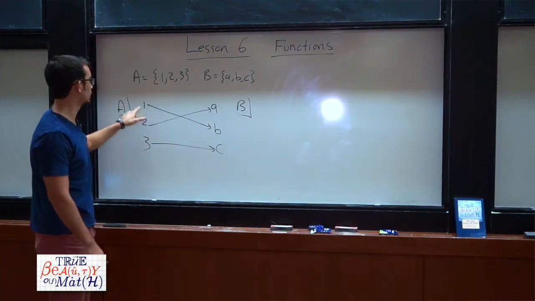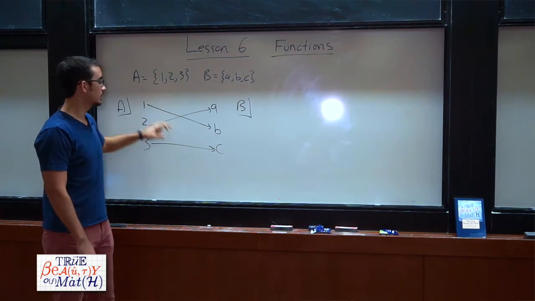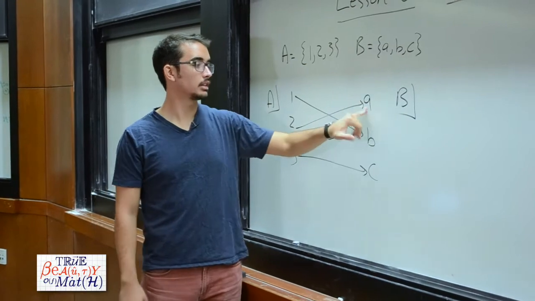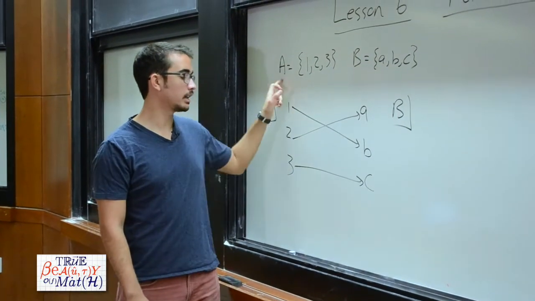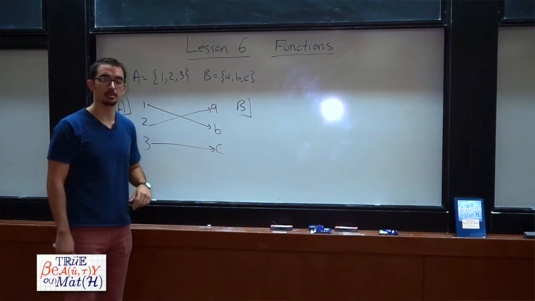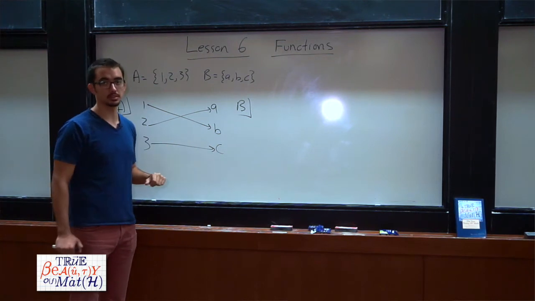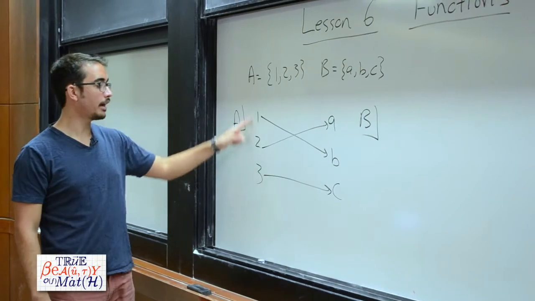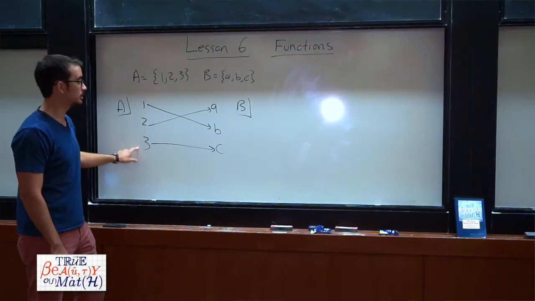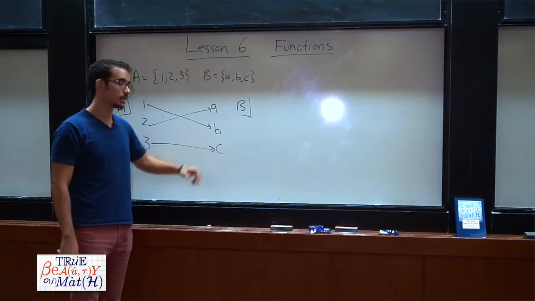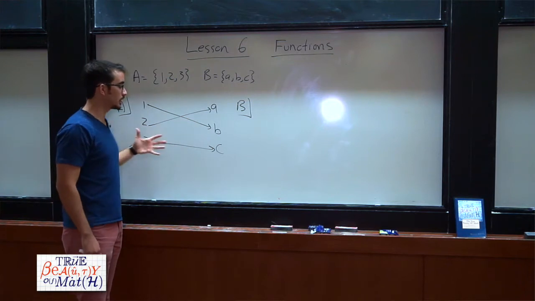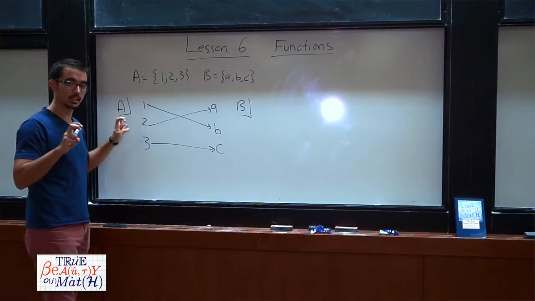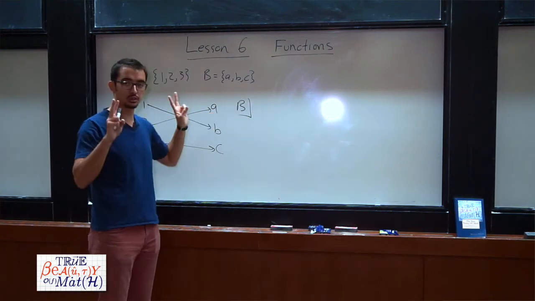In this case, we've associated 1 in A to b in B, 2 in A to a in B, and 3 in A to c in B. This is just one particular association. Now, the requirement that we're going to ask of a function is to send every element in A to some element in B. Namely, because we're drawing arrows in a particular direction, we've singled out a set as the from set and a set as the to set.